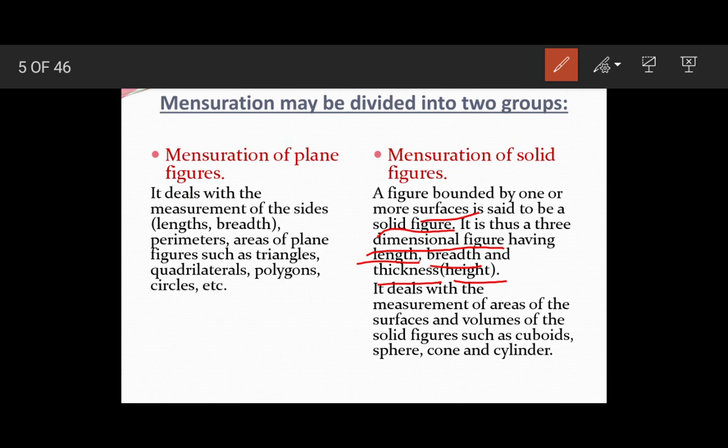So three-dimensional figures are known as solid figures. In this we have length, breadth and height. It deals with the measurement of areas of the surfaces and volumes of solid figures such as cuboid, sphere, cone and cylinder.